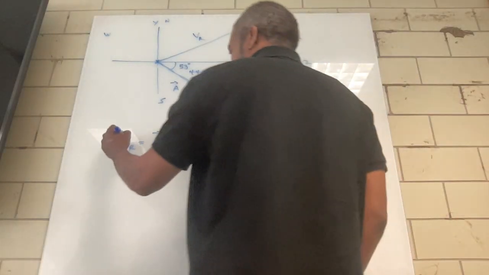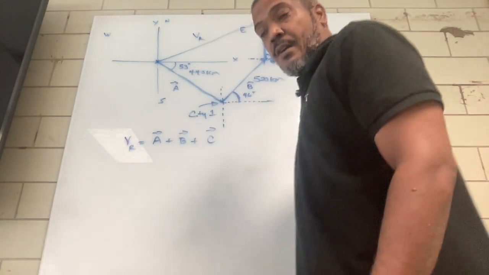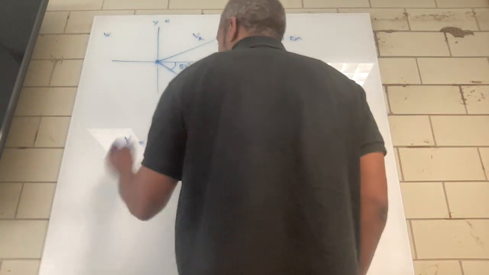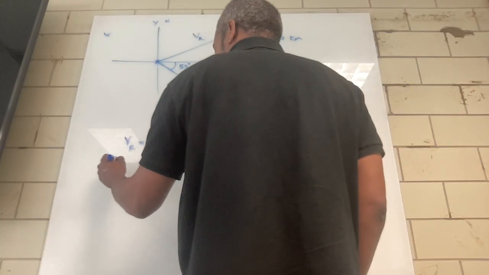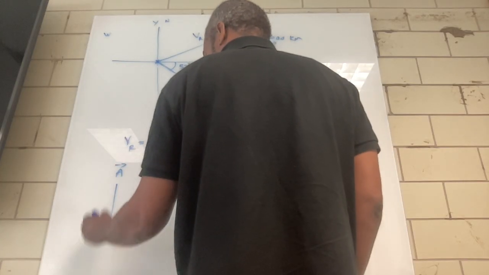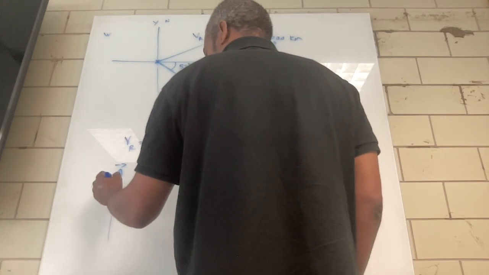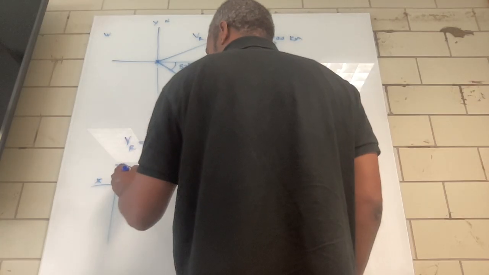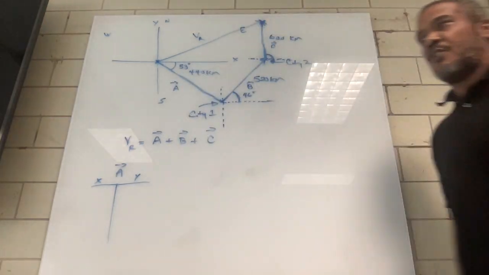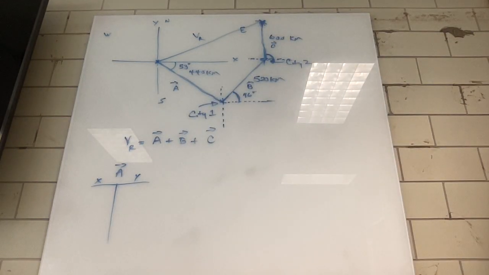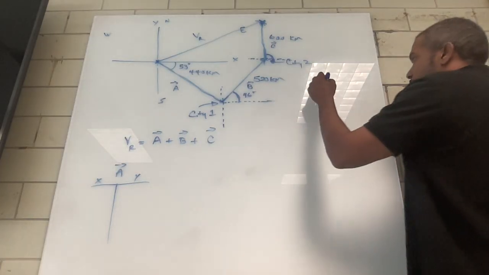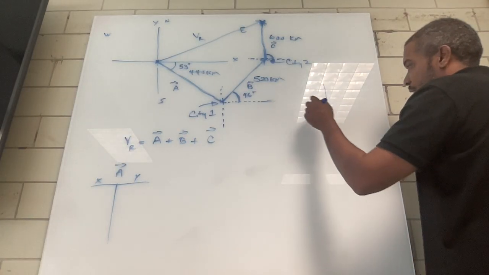So then we start with vector A. We got an X component and a Y component. What are they? Again, we can draw our thing off to the side.